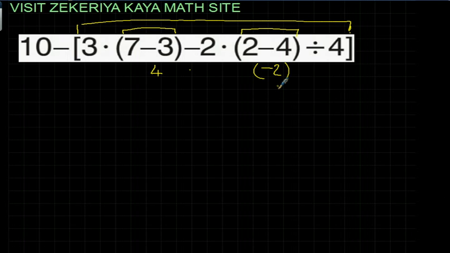I will separate a step which includes only these numbers, but I won't write that step. After this step, and minus, we must do the same again.